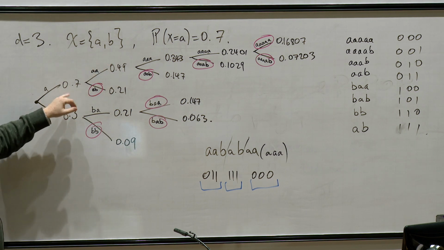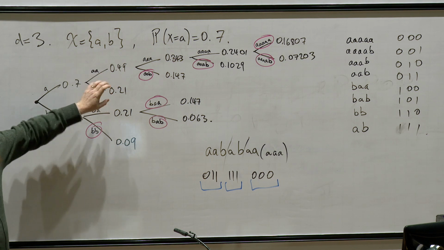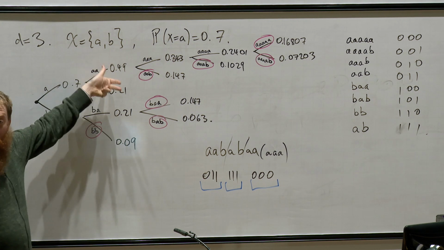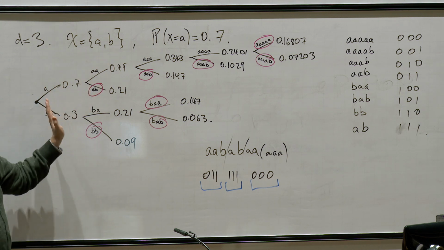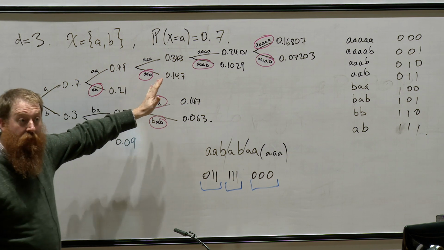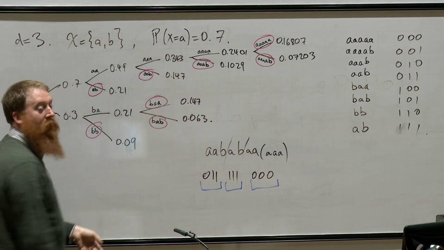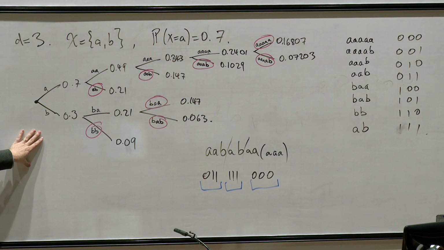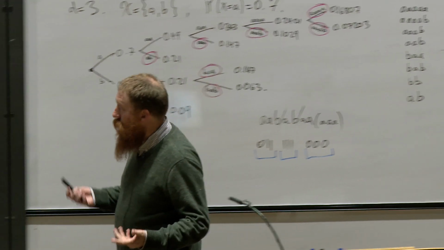I can say, after an A, maybe it's more likely to have a B than an A. So maybe these two numbers would flip over in this case. That's perfectly fine. You just go through and you do it using the conditional probabilities at each step. So you can have that path dependence in the Tunstall code, no problem, doesn't change the construction. So this is easy to do.